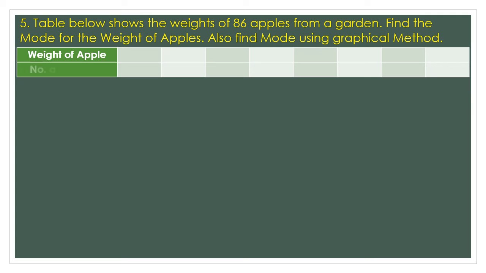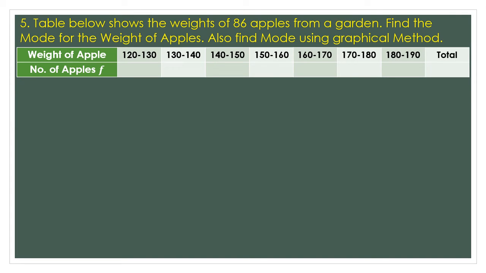Weights of apples, number of apples, that would be frequency. The weights of apples are distributed into continuous classes which are exclusive, and also we can see that all the class lengths are equal. That means using the graphical method will not create a problem for us. Okay, all the classes are equal. That means we don't have to use the empirical method here.